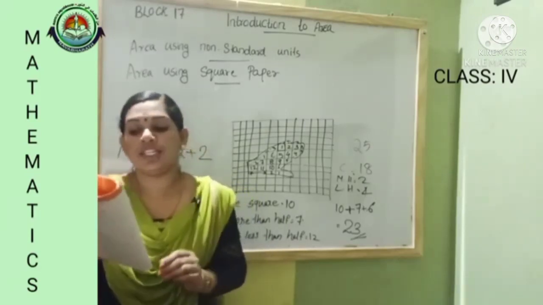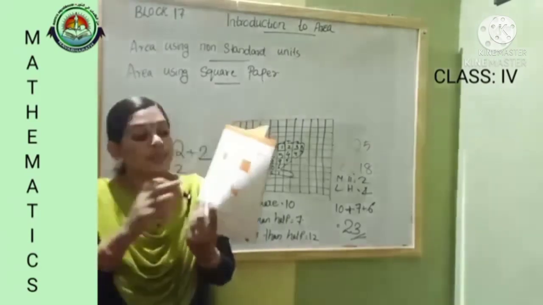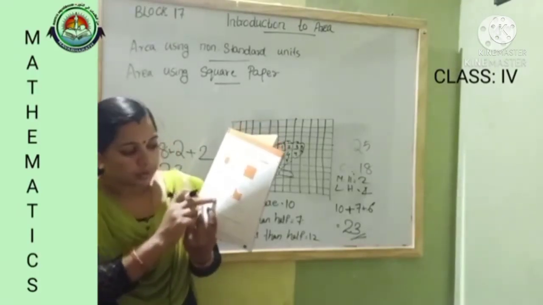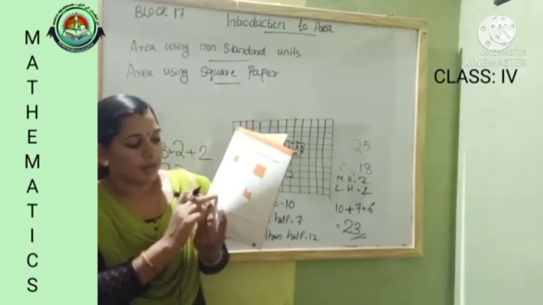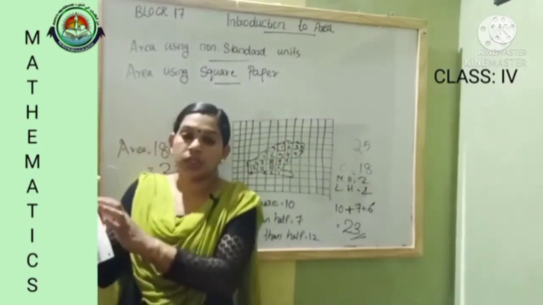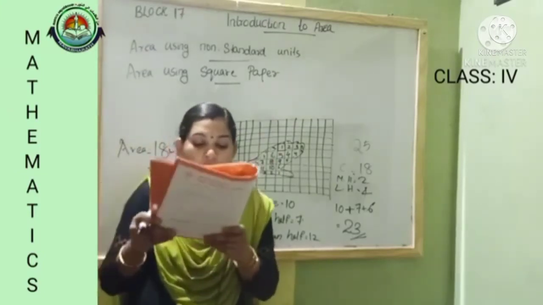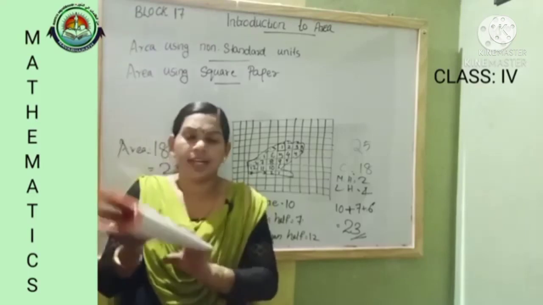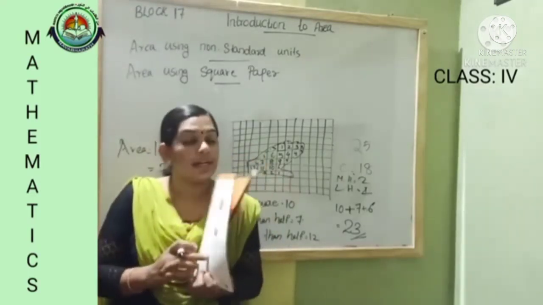Estimate the area of each shape. So, you want to count the number of full squares, number of more than half squares, number of half squares, then area. Both questions you want to do. Draw any shape in the square grid and estimate its area. Any shape you want to draw here, then find the area.